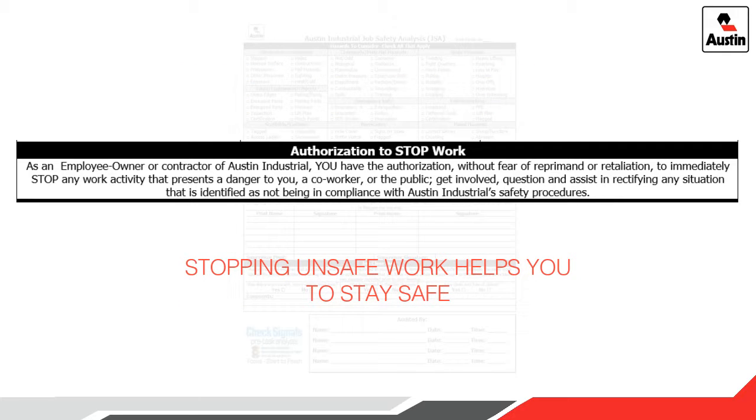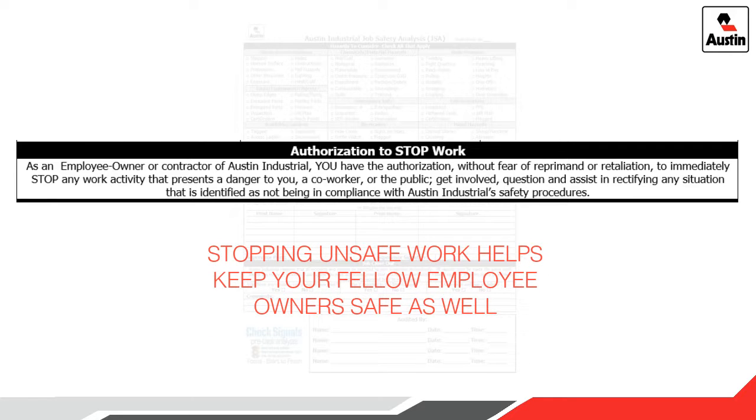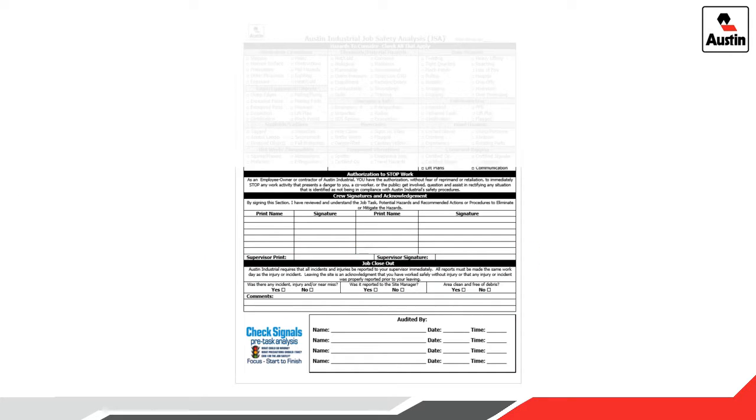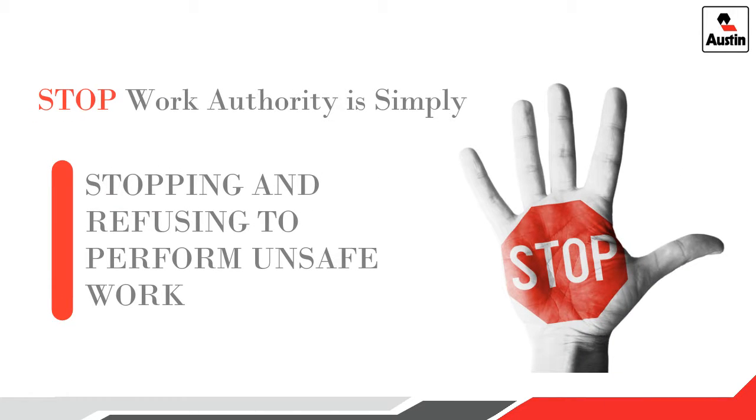A critical principle to remember is your stop work authority. Applying this principle throughout your work at Alston will not only help you to stay safe, but also keep your fellow employee owners safe. Stop work authority is simply stopping and refusing to perform unsafe work.